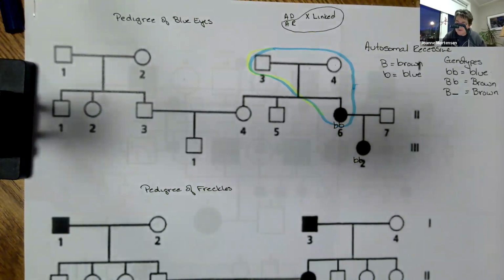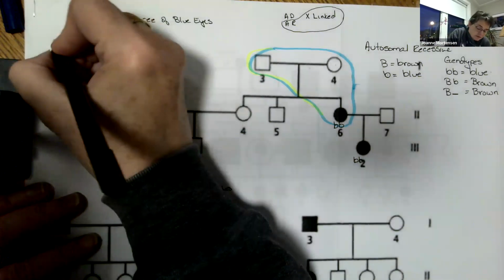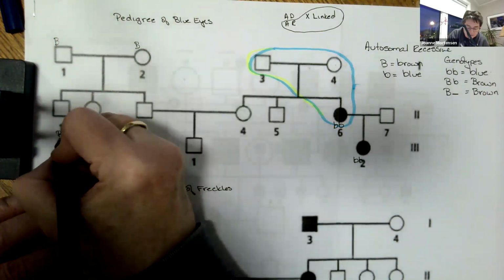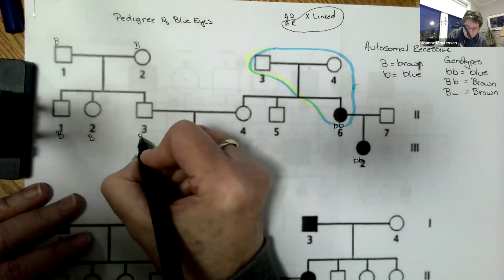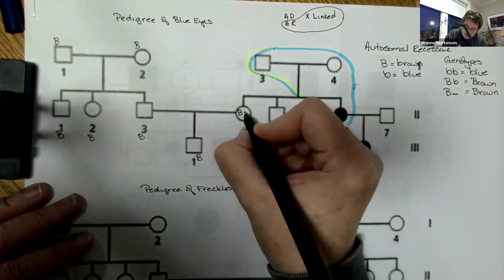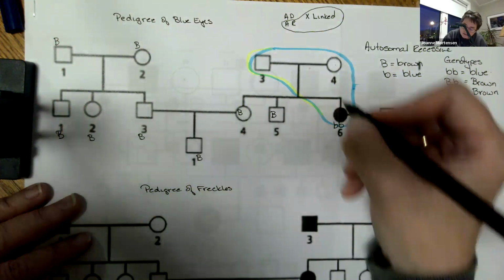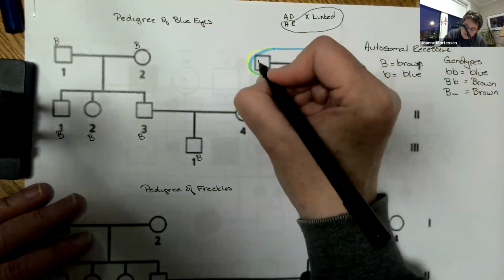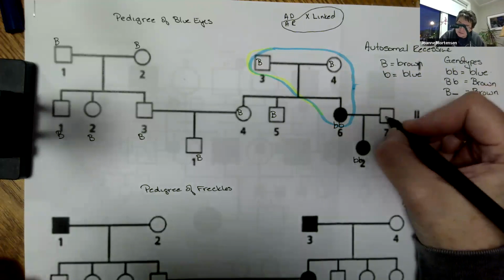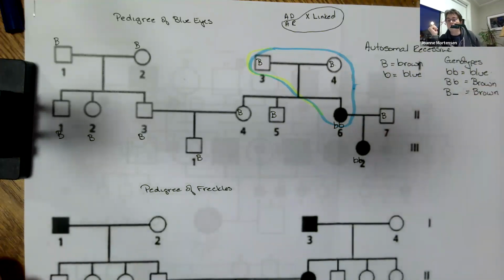And I know if they have brown eyes, they have at least one gene for brown. So I'm just going to mark them all. Now my genotype needs 2 letters. I can write small enough that they go in the boxes. My genotype's always going to have 2 letters, but I know all of these guys, this one too, have brown eyes, so they must have the one gene.